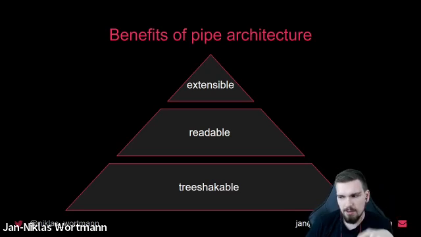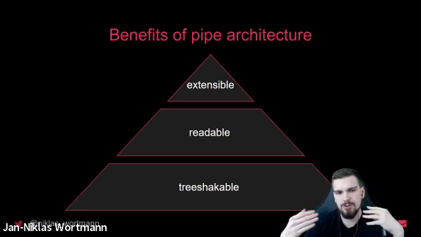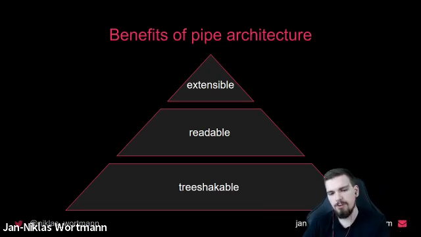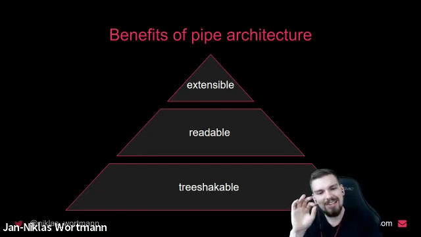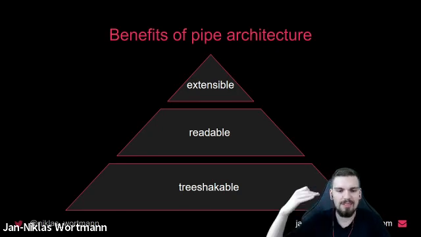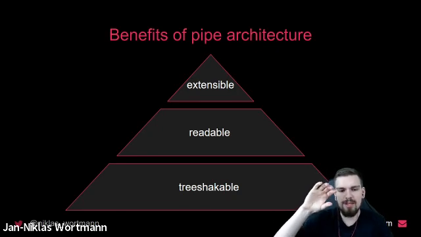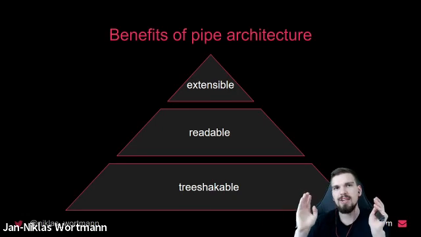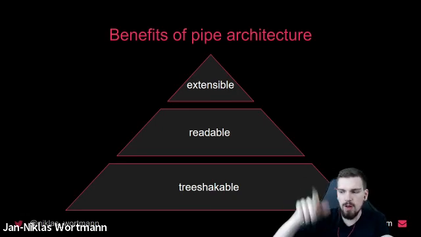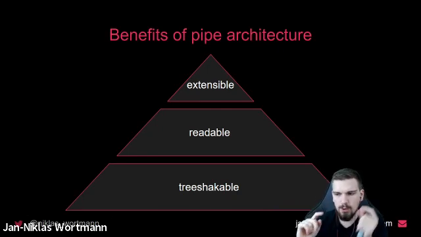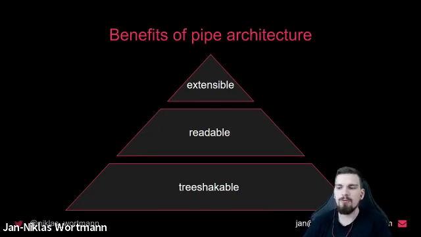The second argument why the pipe architecture is good is the point of readability. Grammar is also a difficult point, not just tree shakeability. So the point about readability is if we would just use the typings as they are right now, we would need to invert all those method calls, and no one is able to understand that or write that at all.